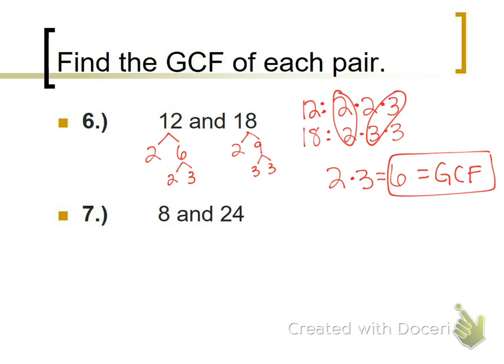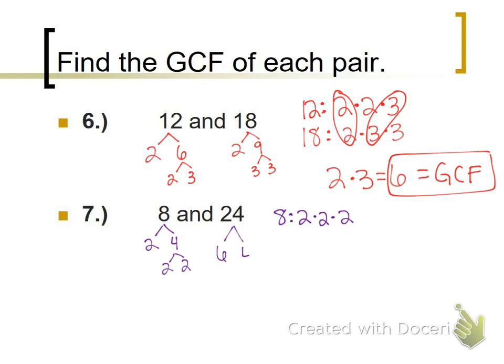So let's try this method for number 7. What could I break 8 into? 2 and 4. 4 breaks into 2 and 2. Okay, so my list for 8 would be 2 times 2 times 2. For 24, what could I break it into?